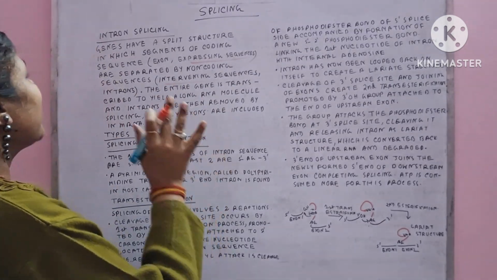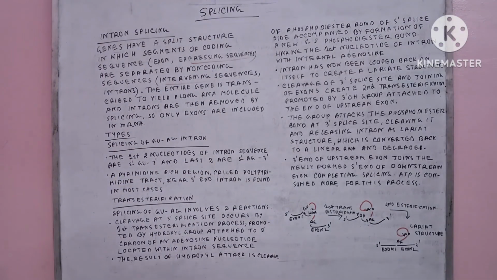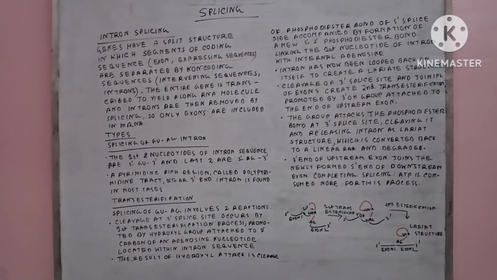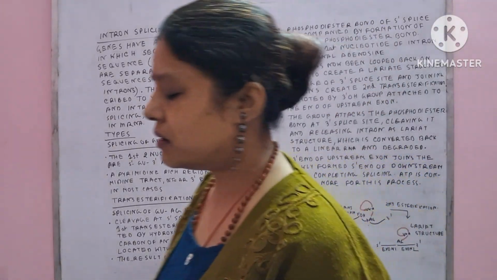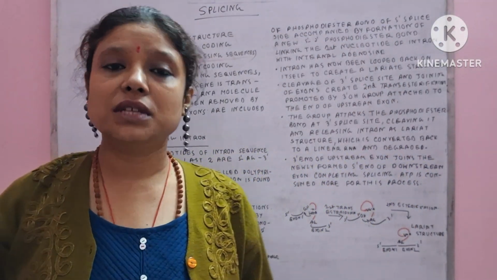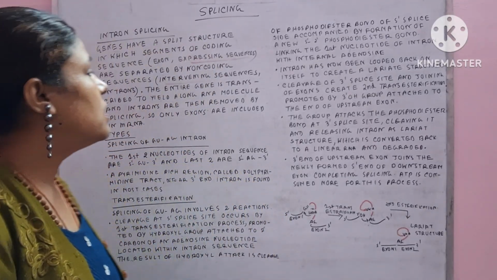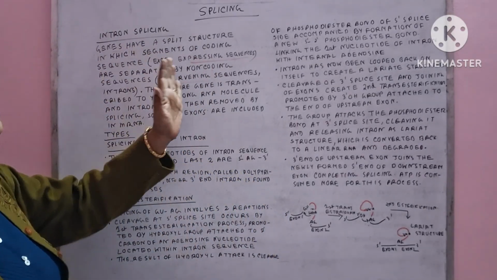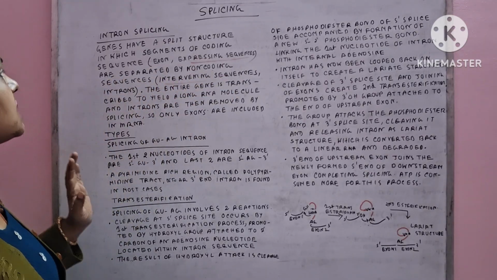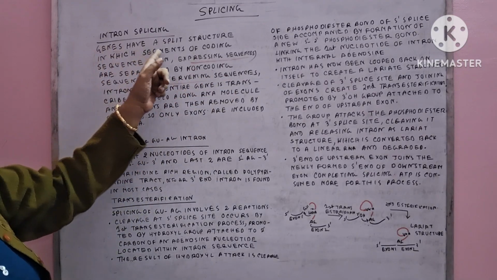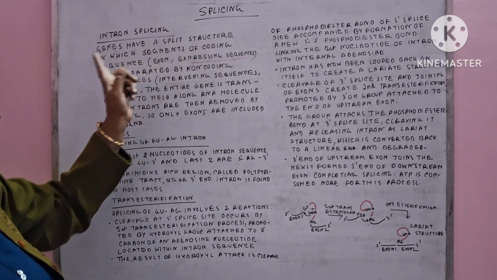Actually, the genes have a split structure in which the segments of the coding sequences are interrupted.